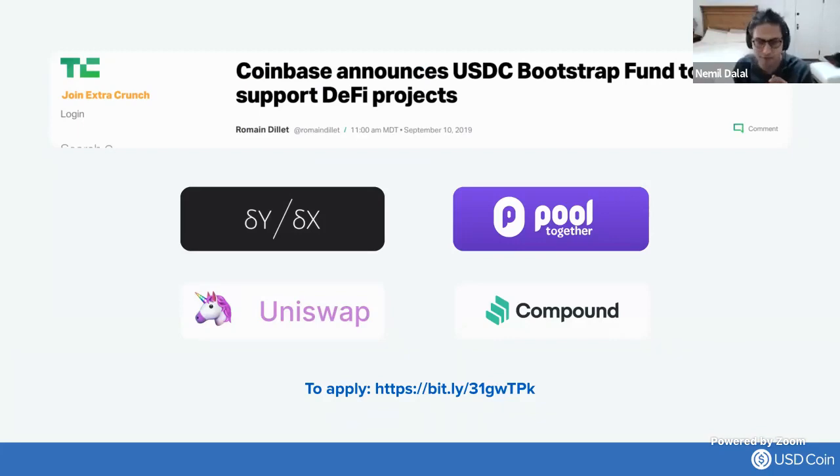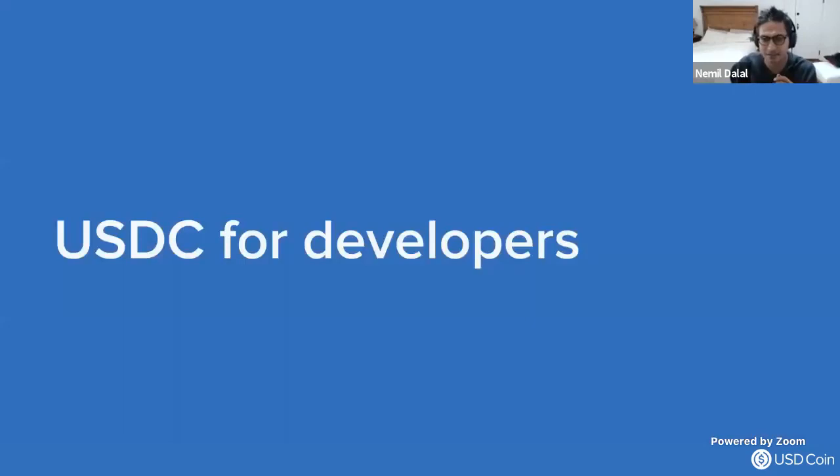This is different from other venture capital funds: we put money directly in a protocol. If you have a protocol that's getting started and you want liquidity, in the early months and weeks it can be very difficult, and there can be very little liquidity. So the USDC team has put money in a variety of different protocols. If you want to apply, there's a bit.ly link right there.